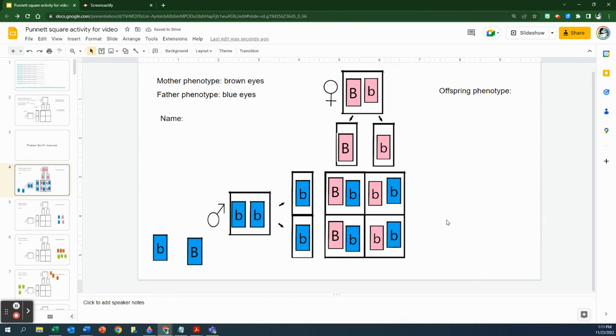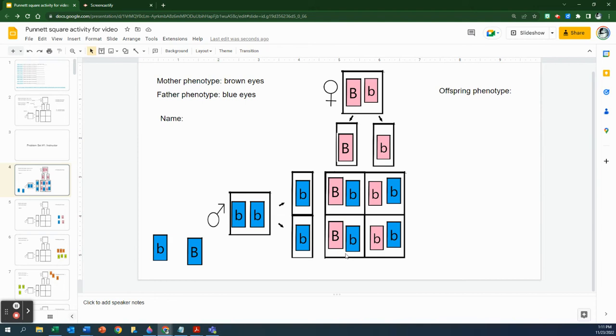So now you're looking at the Punnett square, and it tells you the genotypes, right? The genotypes are big B, little b, and little b, little b. And now you interpret, based on what you were told about dominance and recessiveness, what the outcome is.